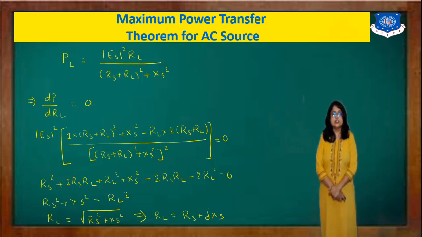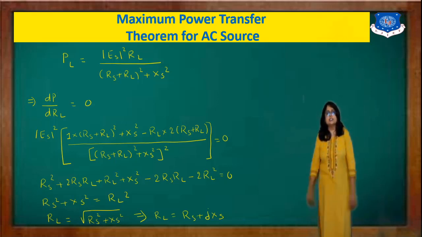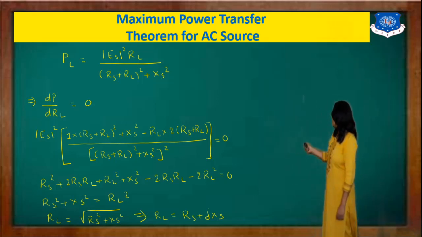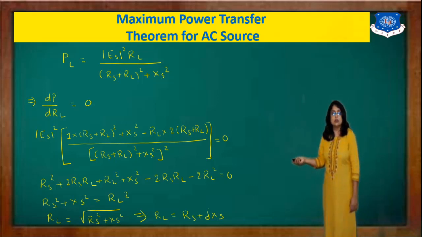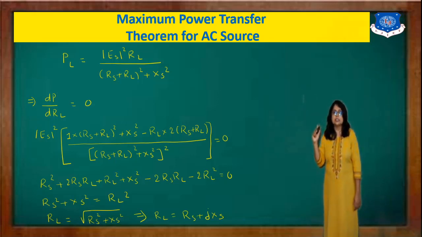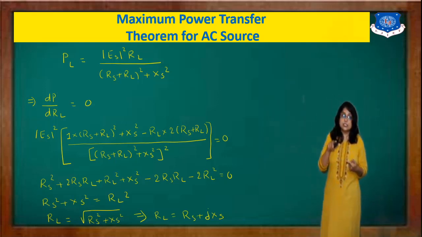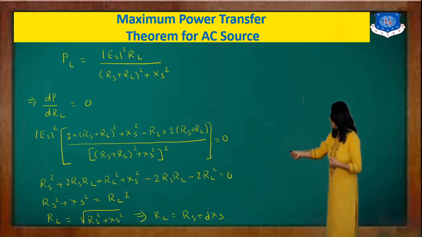We are interested in finding RL, so take the under root, and that is nothing but the magnitude of RS plus JXS, under root of RS square plus XS square. So if you have an AC source and the load RL is variable, at that time the condition is this.